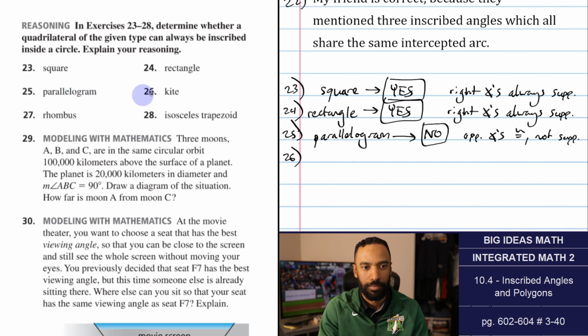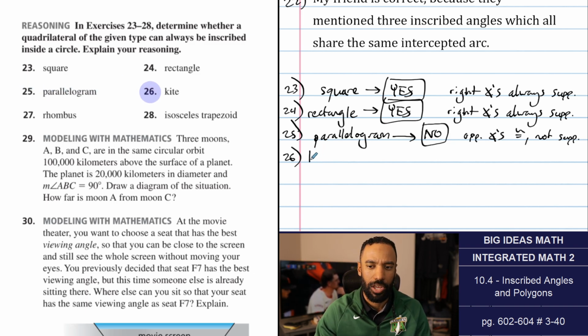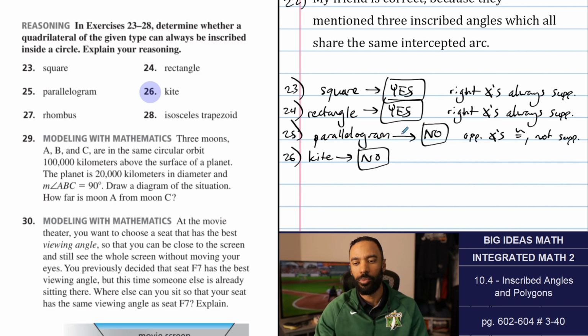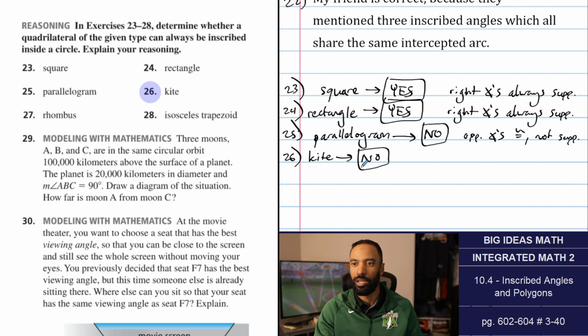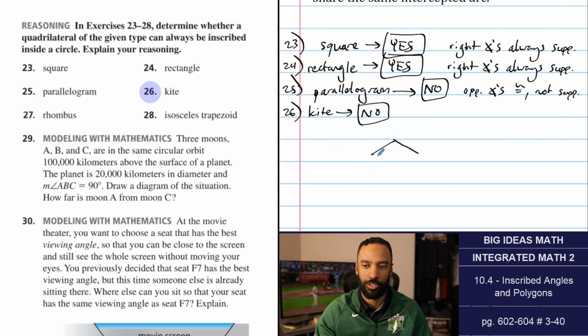26 is a kite. I don't think that's true of kites, right? No. So kite, no. I don't know what to explain there. Just not always supplementary, right? When you have a kite, you can have it look like that if you want, so sure, this could be 60 degrees and this could be 120.